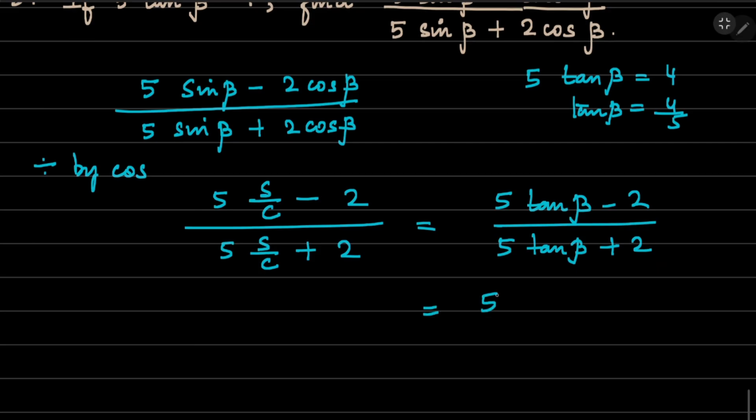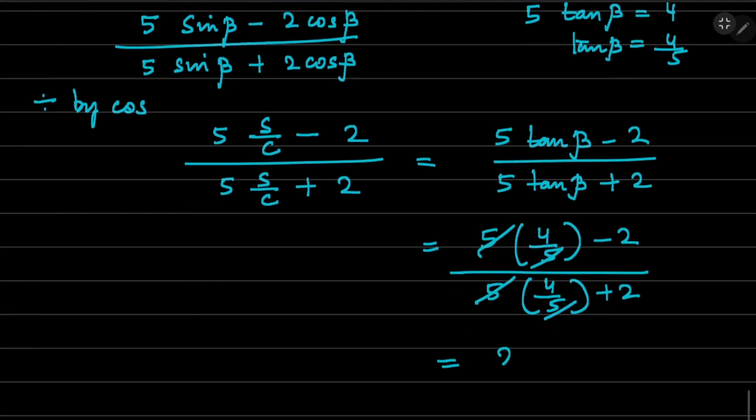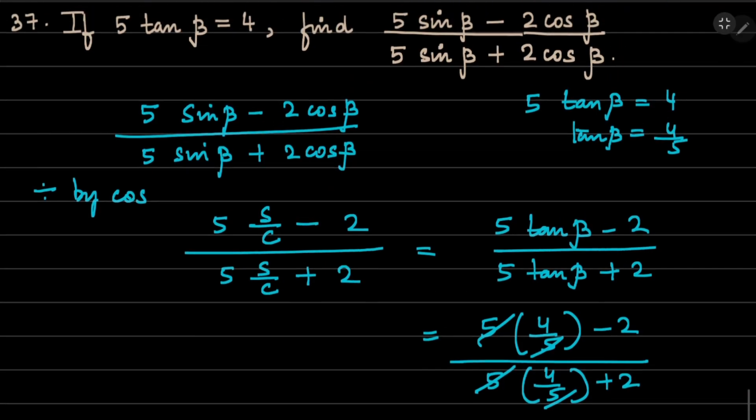So just substitute 5 into tan beta, which is 4 by 5, minus 2 divided by 5 multiplied by 4 by 5 plus 2. So 5 gets cancelled. 4 minus 2 is 2 divided by 4 plus 2 is 6, which is nothing but 1 over 3.